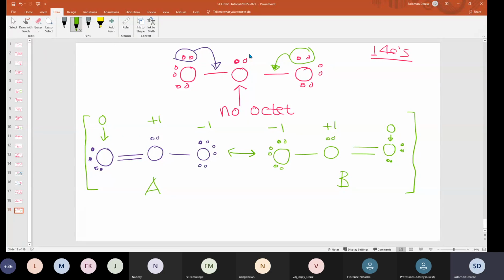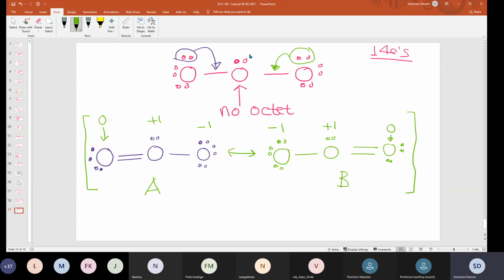Ozone is the average of the two. Ozone is the resonance hybrid of these two structures. See, now, we did not force this. Did I ask you to draw resonance structures? Not at all. We just arrived at such a situation.